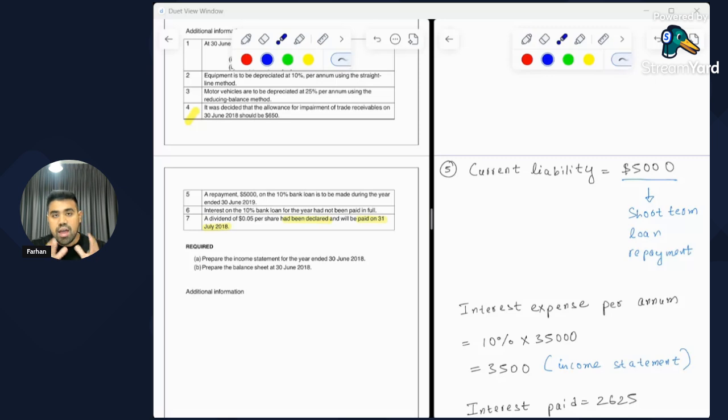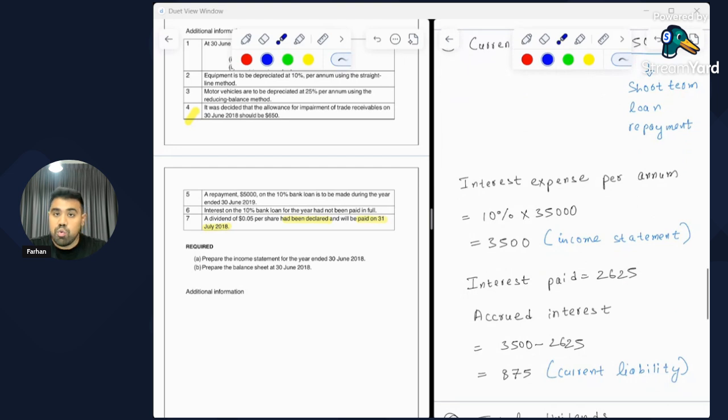So if I want to calculate the interest expense, which is the cost of financing, remember, no bank loan is obviously free. The bank will take something from you by giving you this loan, and what you are supposed to pay the bank is the interest. So let's calculate the interest expense on an annual basis.